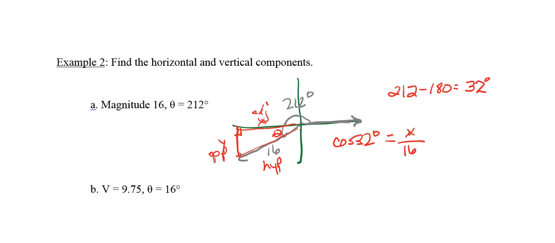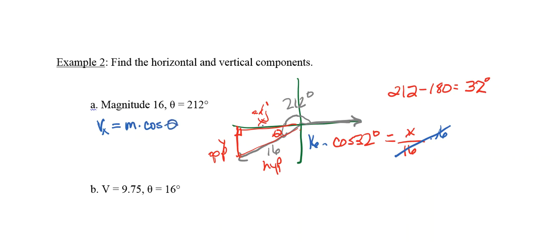Again, we would multiply both sides by 16, since it's dividing on this side, and that's going to be what our x is. That same process happens every time. So what we learn is that to find the x or the horizontal component, we always take the magnitude times cosine of the reference angle.